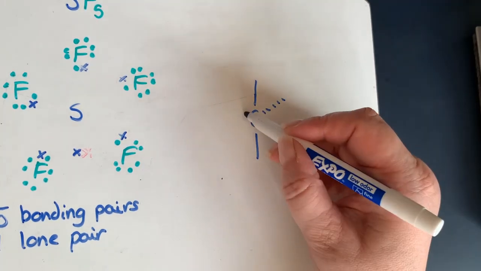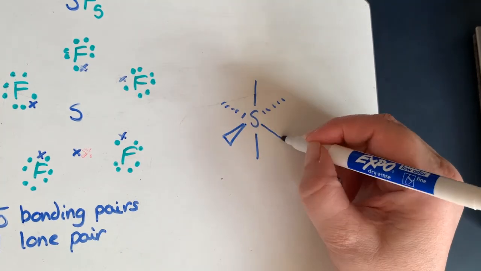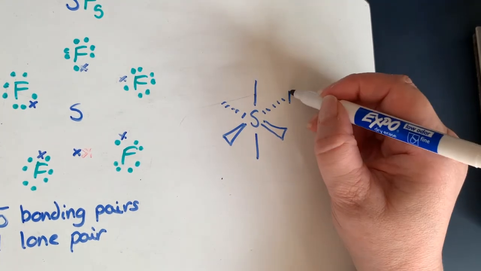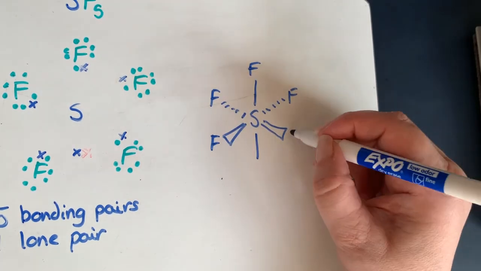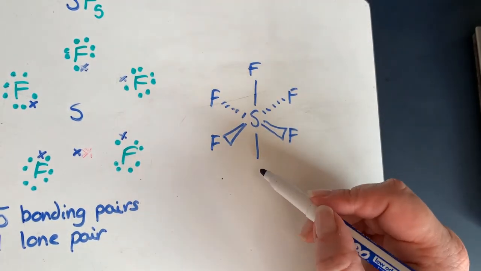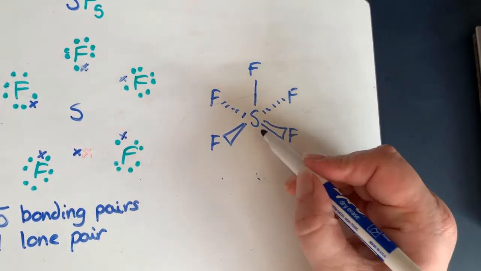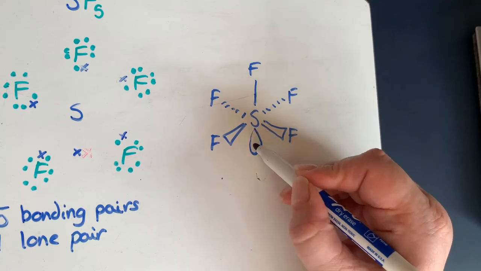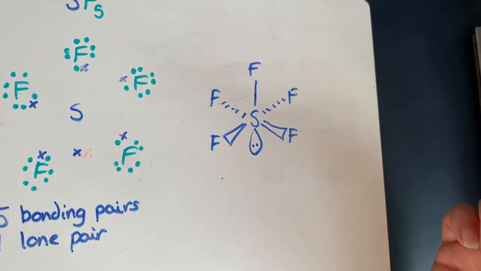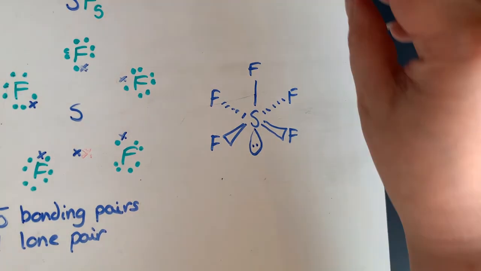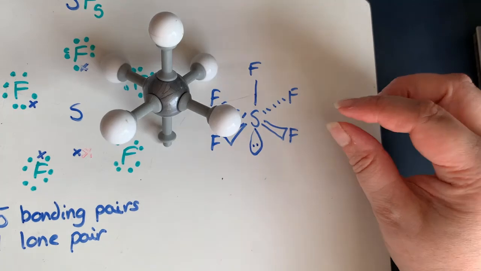So that would be shown as this shape here, with our fluorines all round about. And our problem is that we don't have a fluorine to go here, so instead of a bond there is a lone pair of electrons. So the shape that that would be in 3D is like this arrangement here.